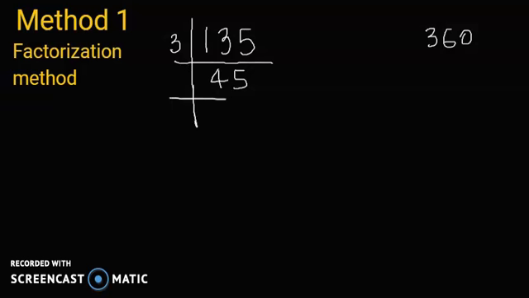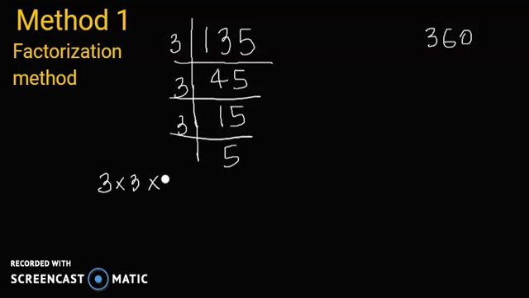Now you again divide it by 3 because this number is divisible by 3. So 3 15s are 45. Again 3 and 5. So our prime factors here are 3 times 3 times 3 times 5 for 135.